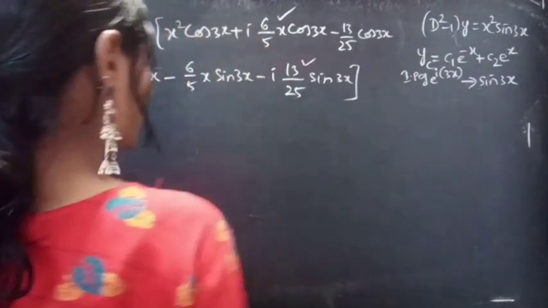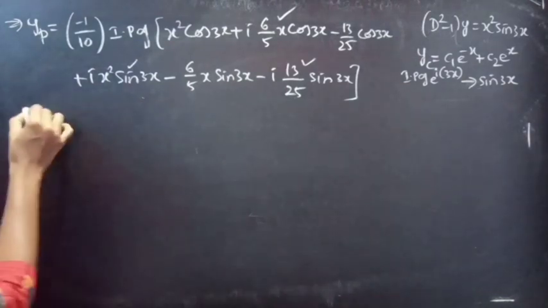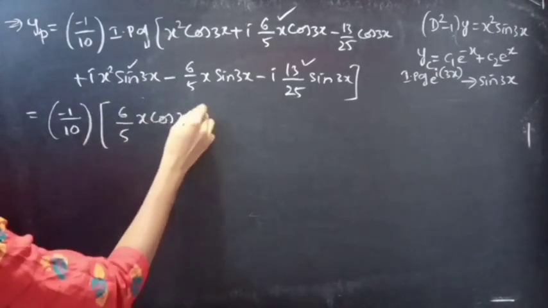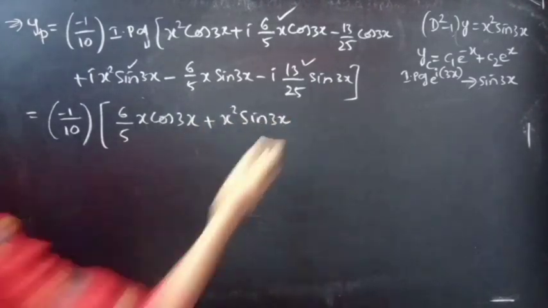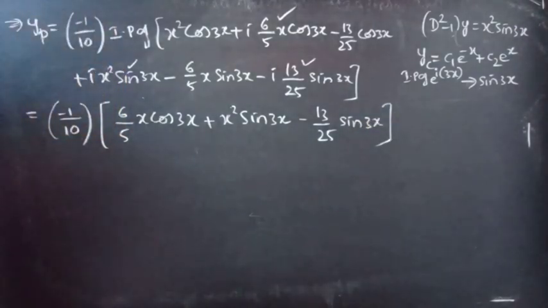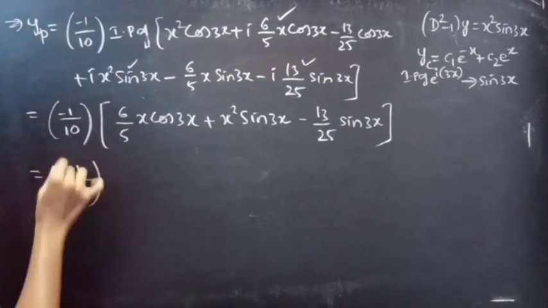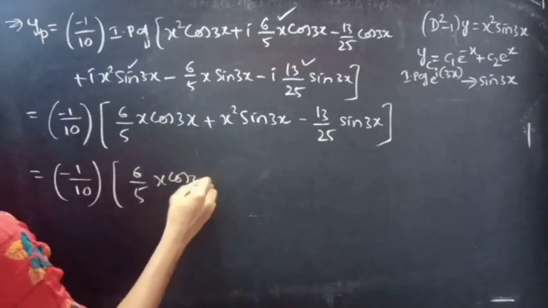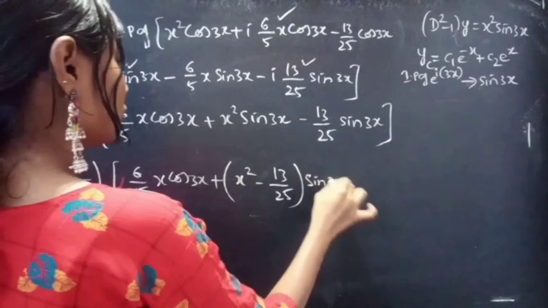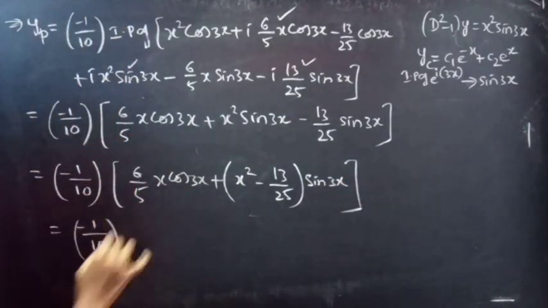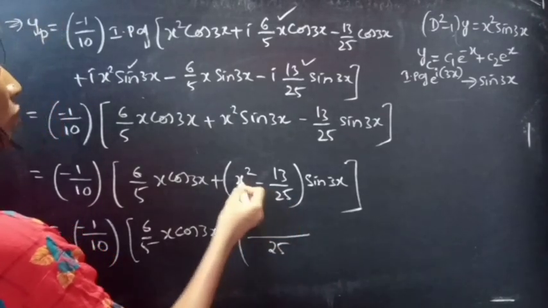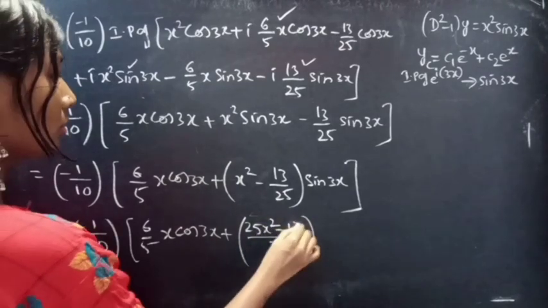So this is equals to minus 1 by 10 into 6 by 5 x cos 3x plus x square sin 3x minus 13 by 25 sin 3x. yp becomes minus 1 by 10 into 6 by 5 x cos 3x plus, here take sin 3x common, we get x square minus 13 by 25 into sin 3x, which is equals to minus 1 by 10 into 6 by 5 x cos 3x plus, taking the LCM of 1 and 25, which is 25, in the numerator we get 25x square minus 13, into sin 3x.